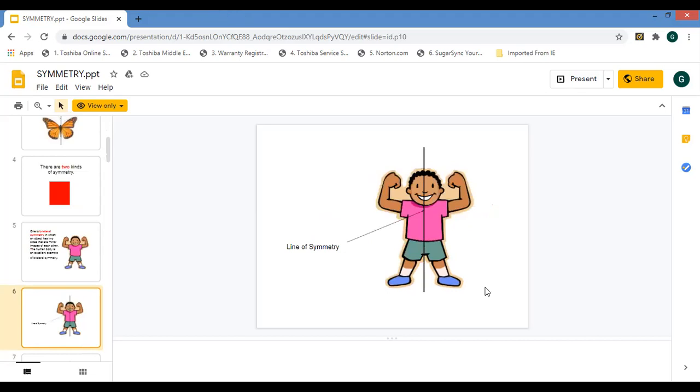Because when we dissect it or make a line of symmetry, each side is the same and mirrors the other, like twins. When we dissect a human body with one line of symmetry, both sides are symmetrical because Allah has made us like this. We have both sides the same, similar.